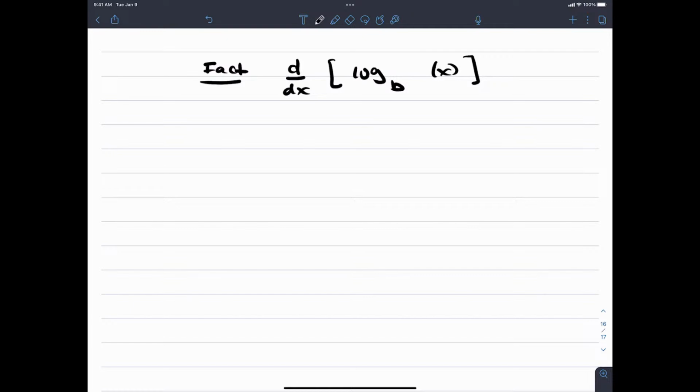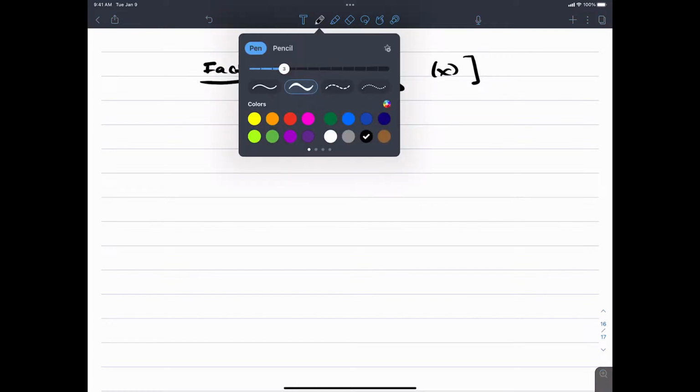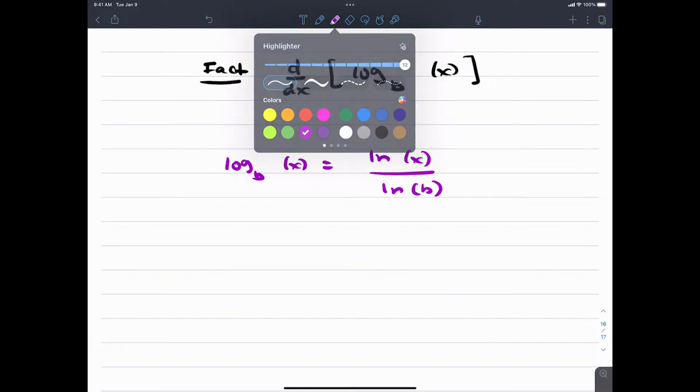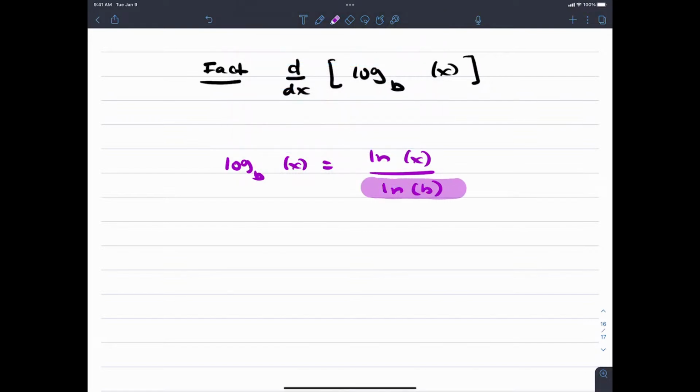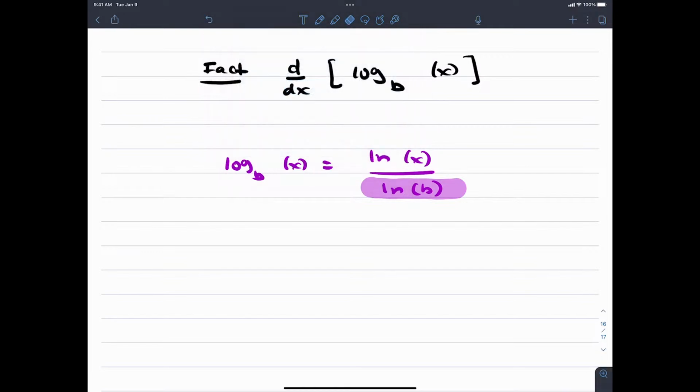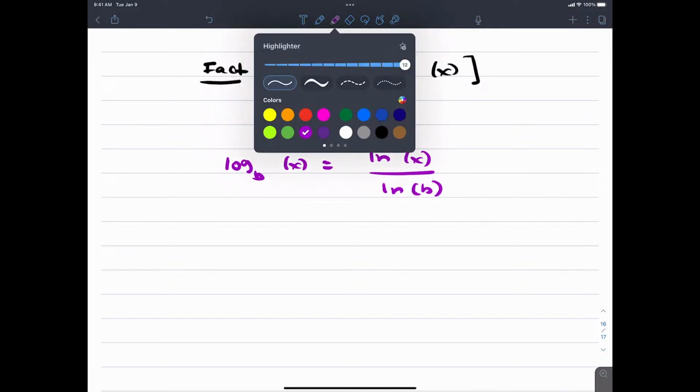Well, from yesterday, and I put it in purple, remember log base b of x? Wasn't that natural log of x divided by natural log of b? That number is a constant down there. And I like putting my constants in gray.